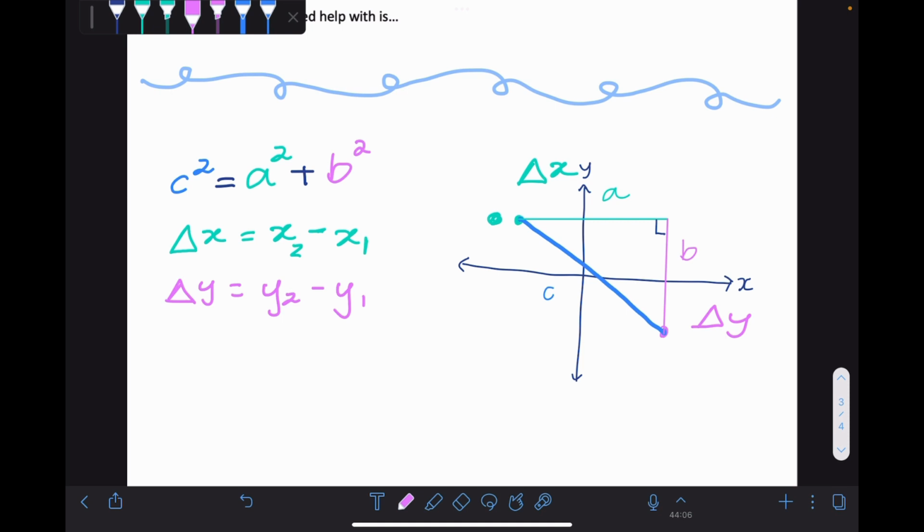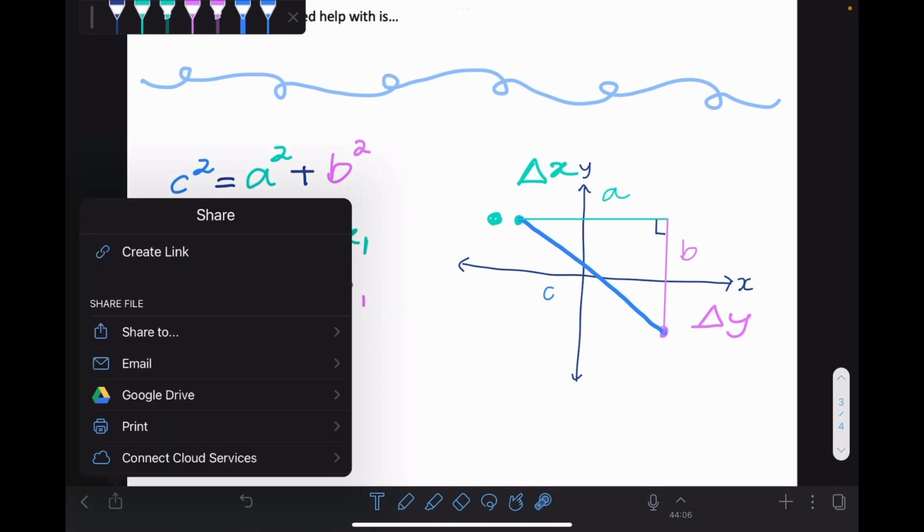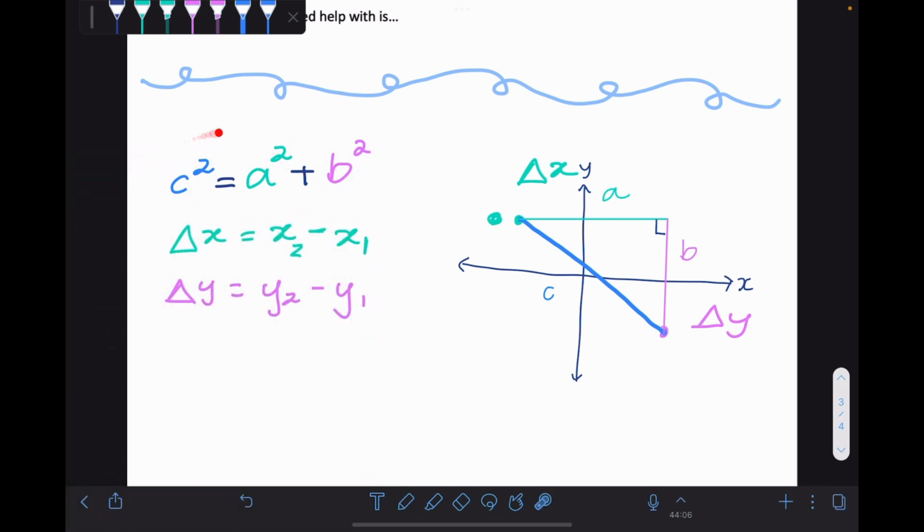So if we're having a look at this, we have here our Pythagoras. In place of C, I'm going to write D for distance. So I'm going to rewrite this, but I'm going to call it D for distance.